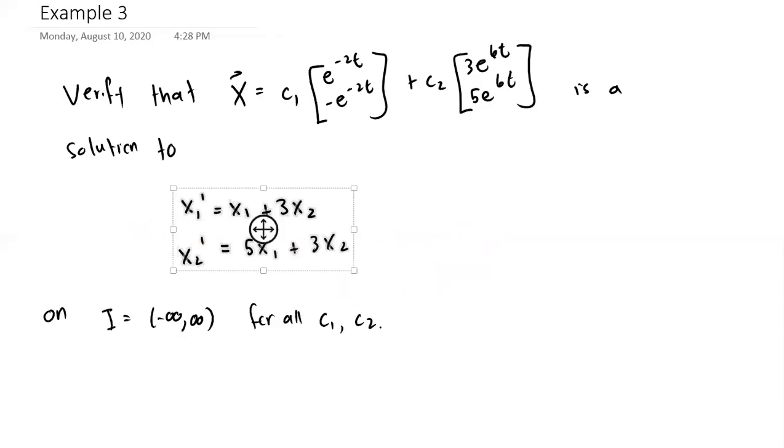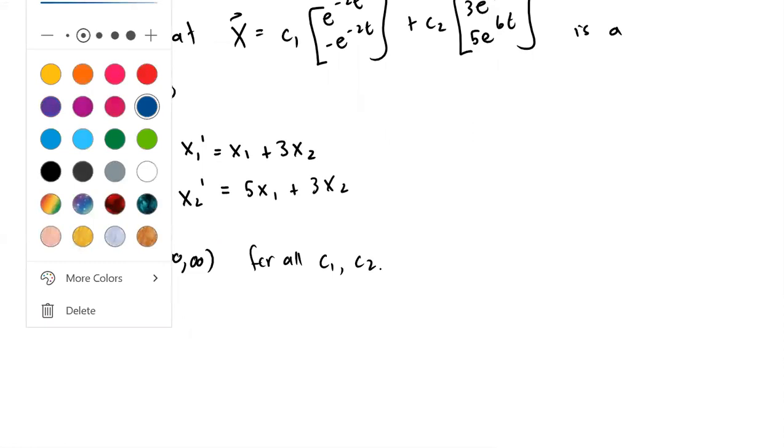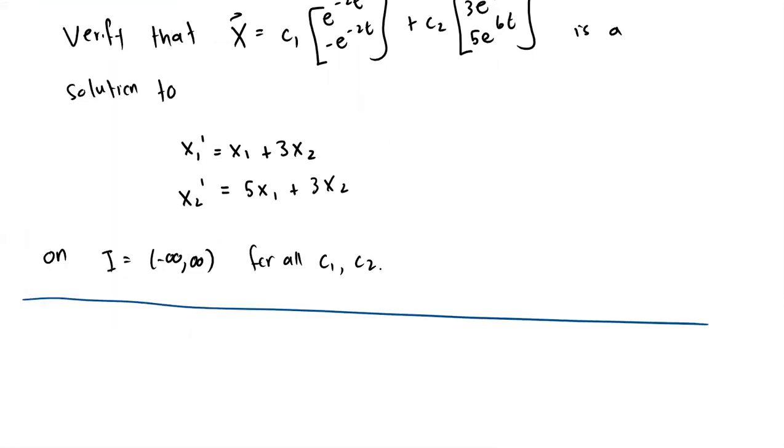So let's see an example. Verify that C1 e to the t times x1 as in the previous example and C2 times x2 in the previous example is a solution to the same ODE for any C1 and C2. Right, so let's do the work again. Since we already defined everything, I'm going to be a little bit faster.